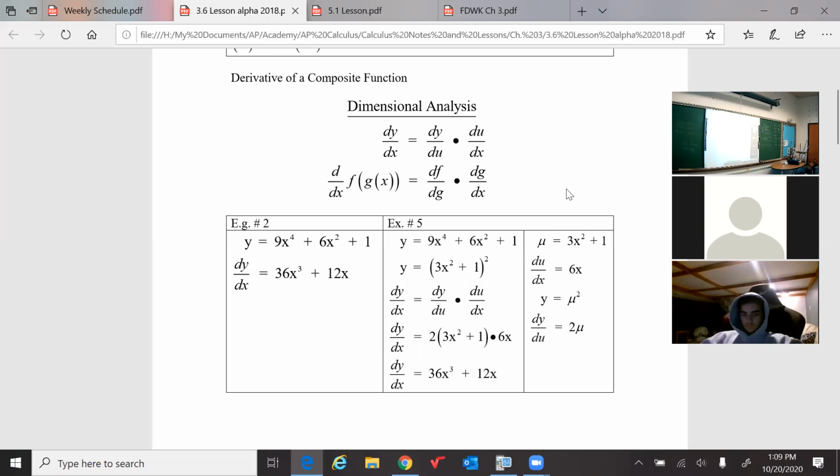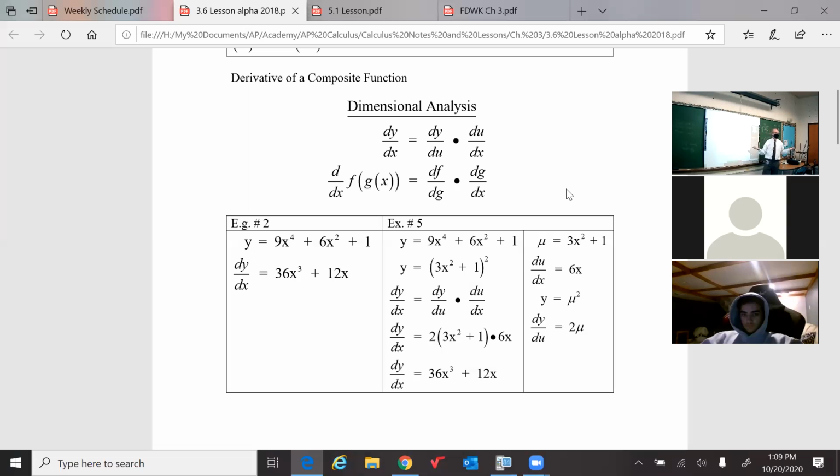And if you think, hey, you don't need it, that's fine. But if you skip steps, you're jeopardizing your success. So I want dy dx. dy d mu, so you can use it to reduce out, that's the dimensional analysis. dy d mu is here, it's 2 mu.